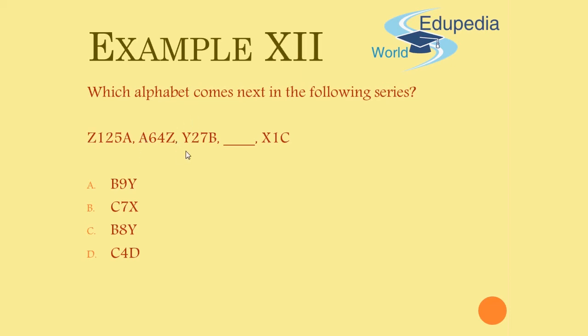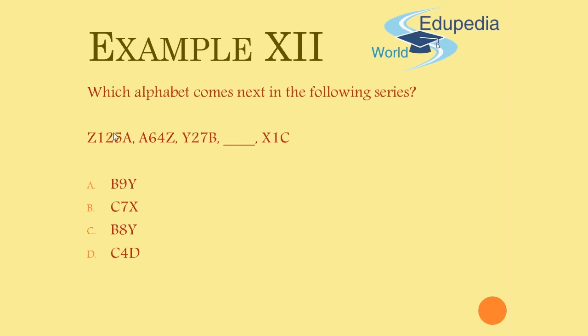Then I move to Y. So from Z, I am down to Y. Or in other words, I can see that I have skipped this A. I have gone from Z, I skip this and I jump to Y, and then I skip this and I jump to X. So Z, Y and X in alternate places. So I am going back in my letter series. From the last word, I skip one and go to the second last word, then again I skip one to the third last word. So I did not really get any clue for this one right now.